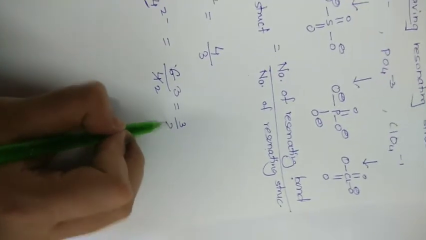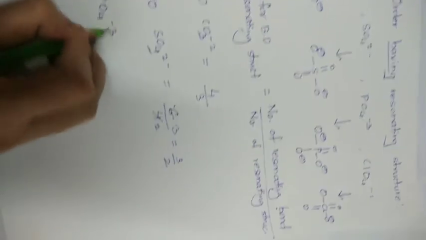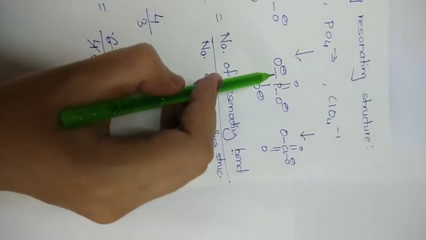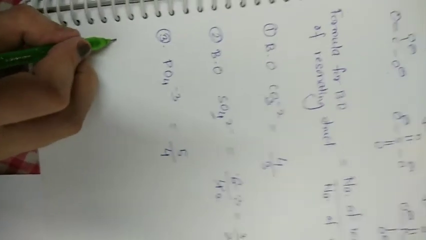So 3 by 2 is your bond order. Similarly, you can calculate for phosphate PO4 3 minus. Here, calculate the bonds: 1, 2, 3, 4, 5. So here will come 5 and this number 4. In this way you can calculate the fourth one, and it will be homework for you.